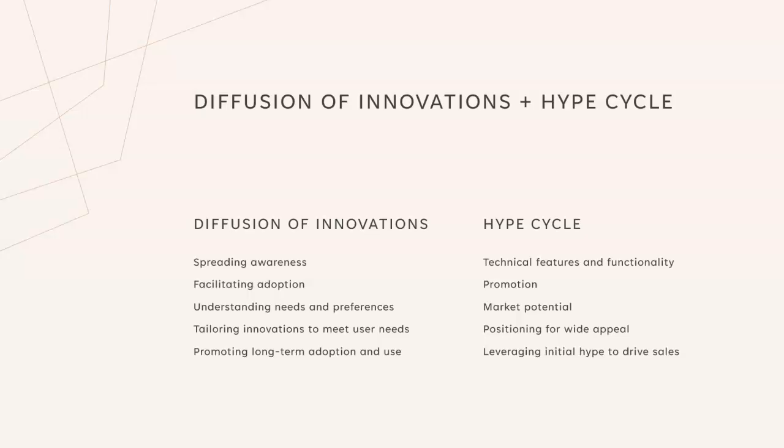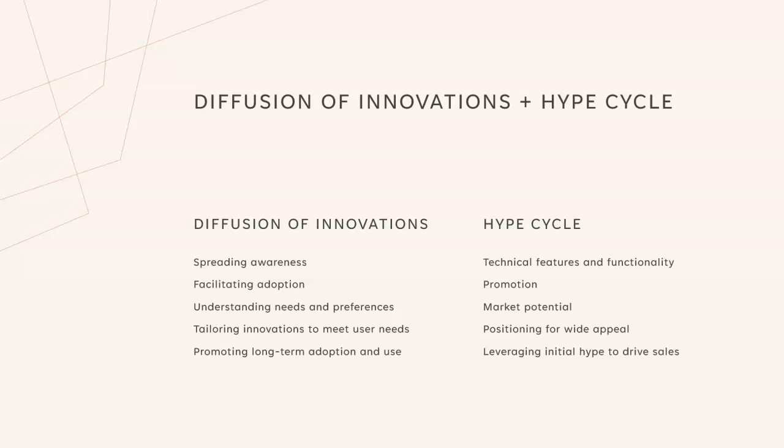So now that we've talked about specific instances for diffusion of innovations and the hype cycle, let's take a look at the details and how they differ. Okay. Diffusion of innovations, remember, builds on spreading awareness through social interactions. Okay, facilitating adoption through understanding the needs and preferences of the users and tailoring the innovations to meet their needs.